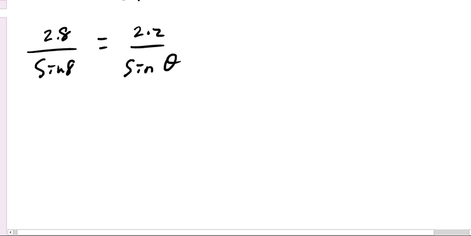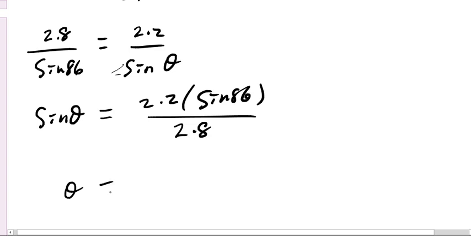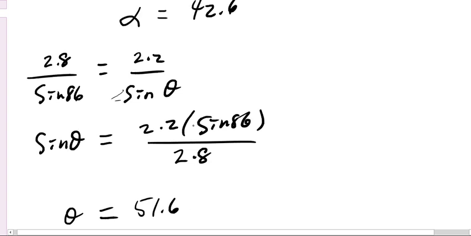So sine of theta will equal 2.2 times sine of 86 divided by 2.8. So I get 51.6 degrees here.